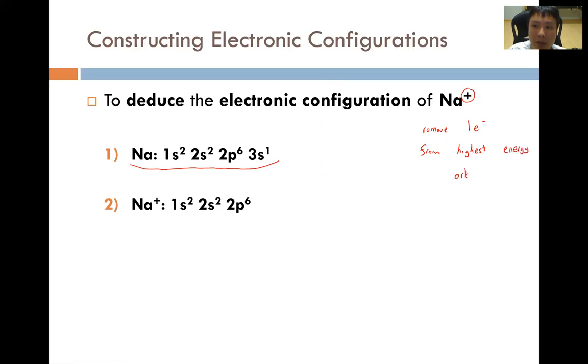And which electron is in the highest energy orbital? It will be the electron in the 3s orbital, and hence we remove this electron, which gives an electronic configuration of the remaining, which is 1s2, 2s2, 2p6. And this will be the resultant electronic configuration of the Na+ ion.